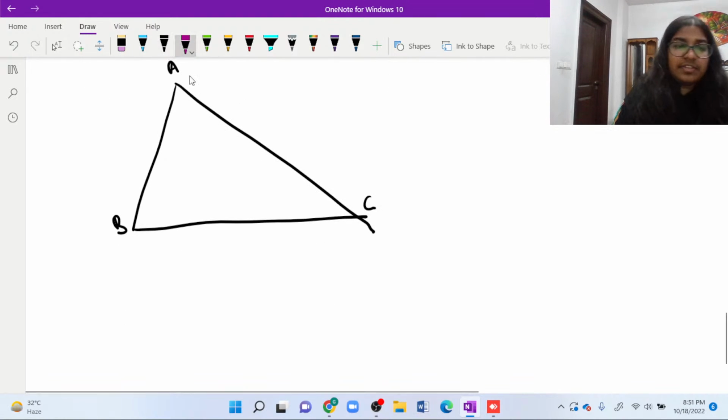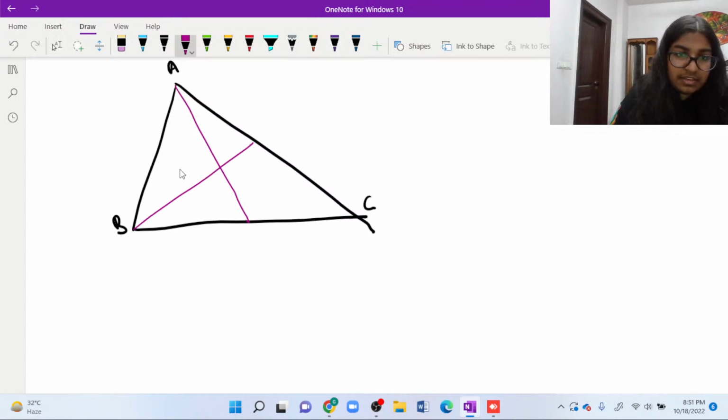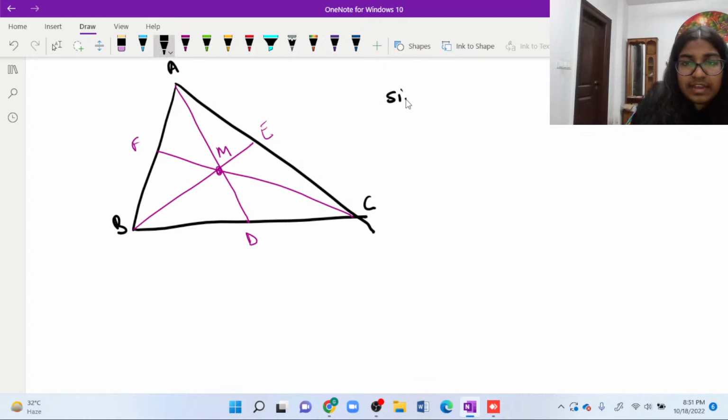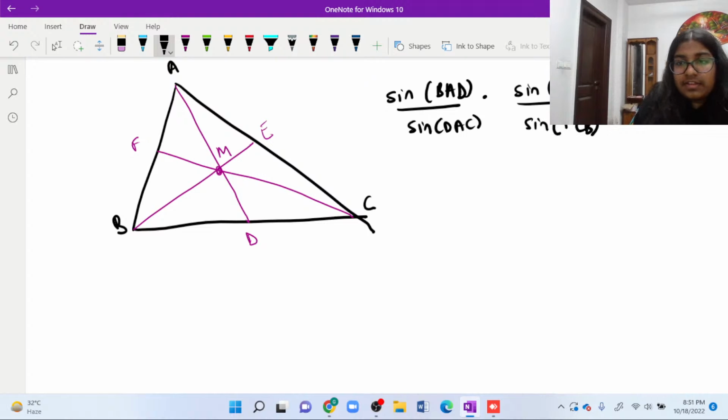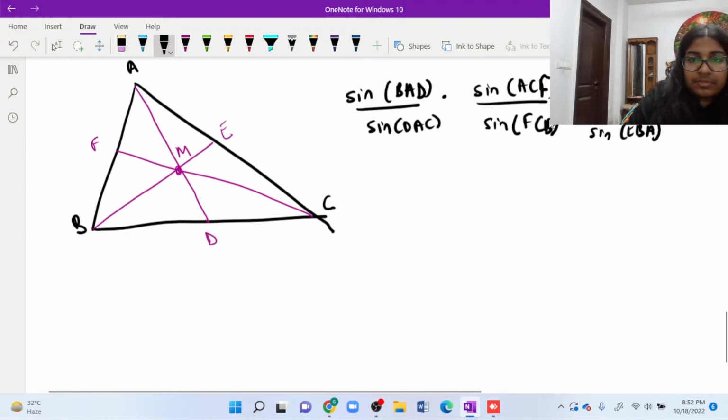If you see a triangle ABC, cevians AD, BE, CF, let them meet at M. So that says that sine BAD by sine DAC times sine ACF by sine FCB times sine EBC by sine EBA equals 1. This is what the theorem says.